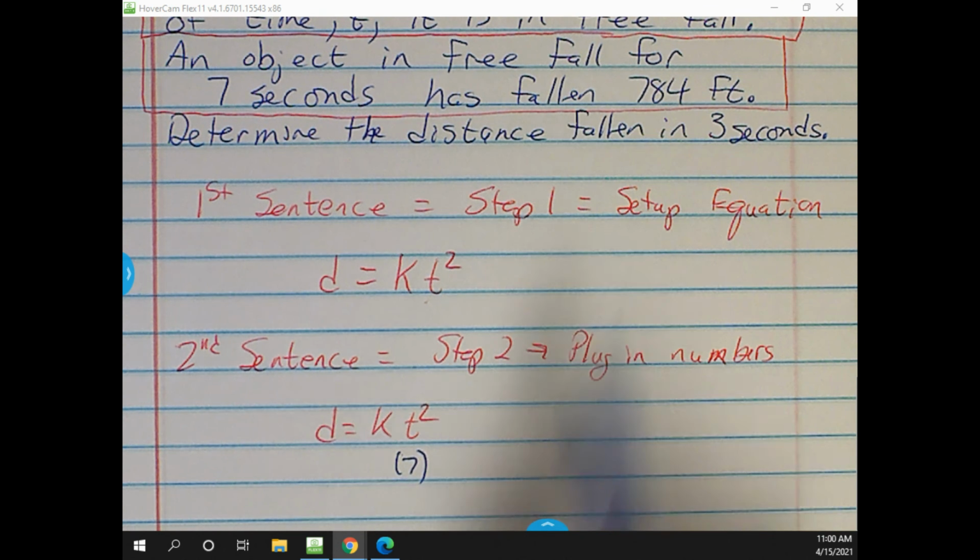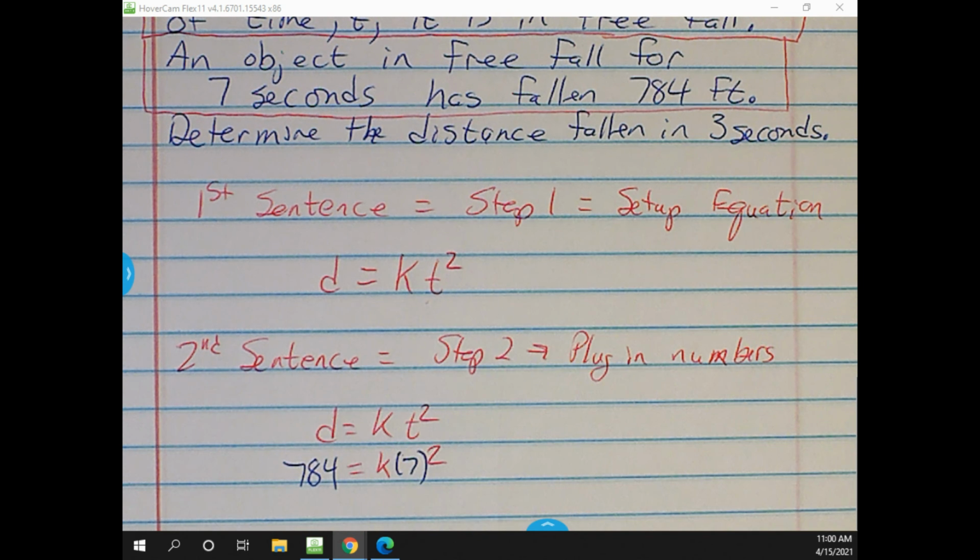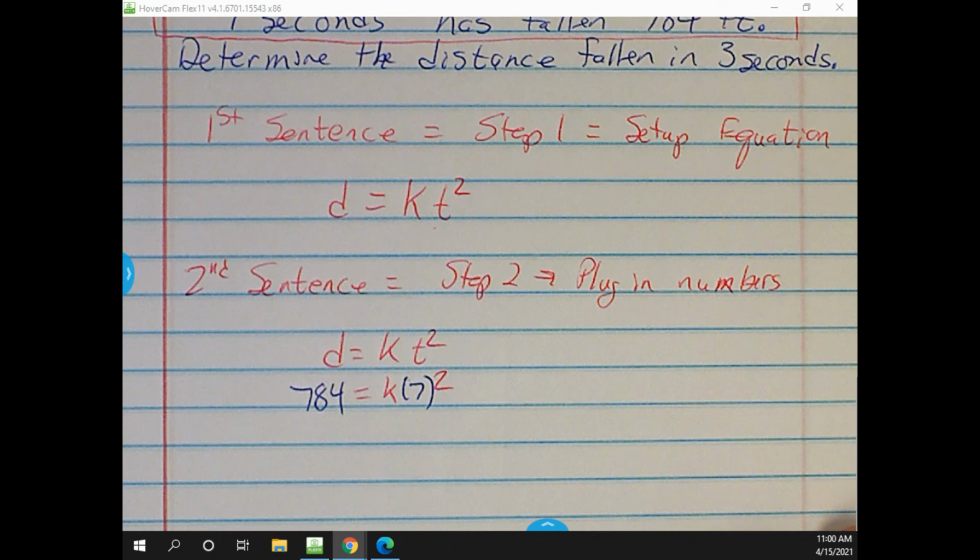And the distance is 784. So that leaves us with the K and then the square here. And then you basically just work this thing out.